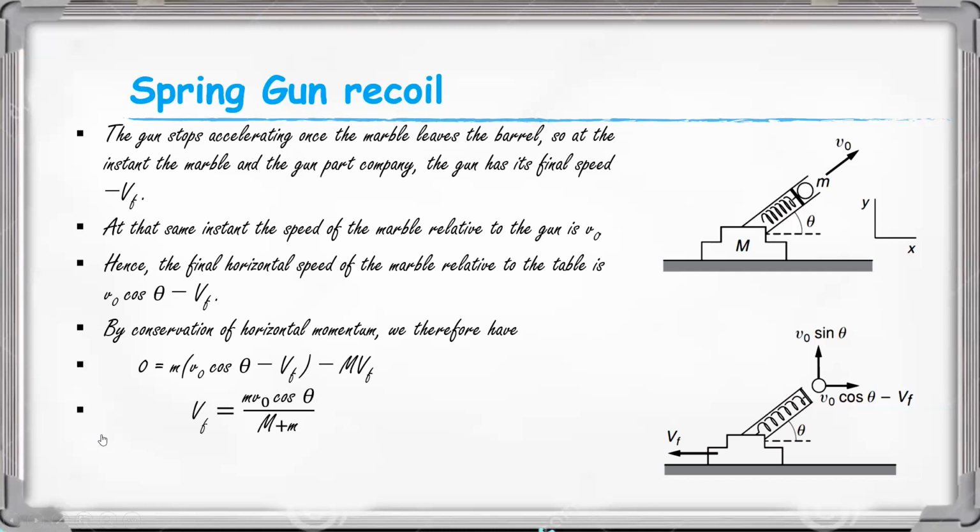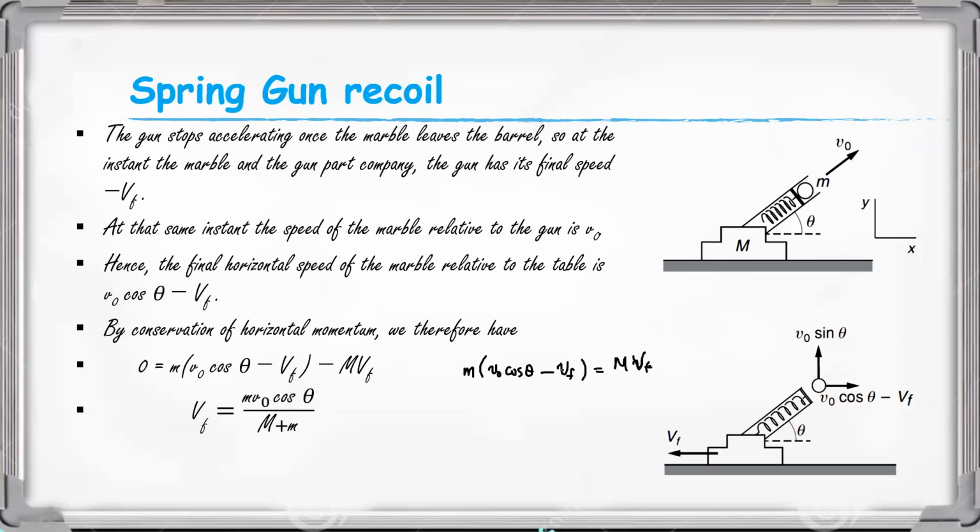From that we can write Vf equal to m V0 cos theta divided by M plus m. It is obtained by arranging the expression as m into V0 cos theta minus Vf is equal to M into Vf.